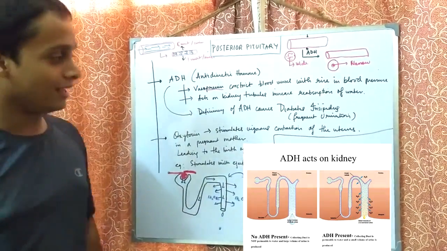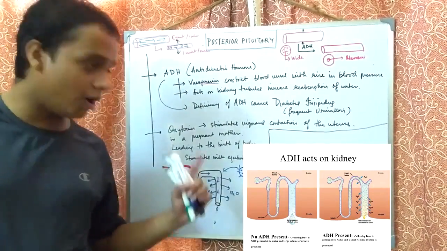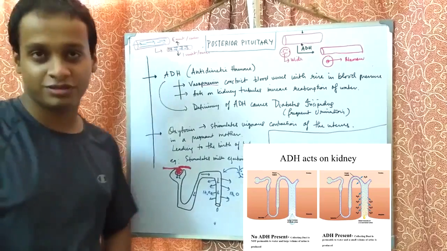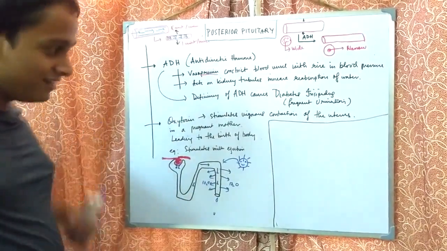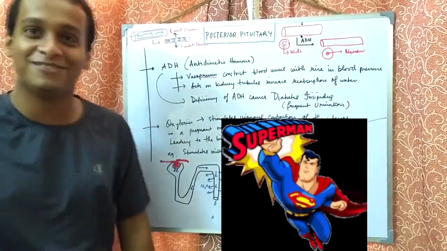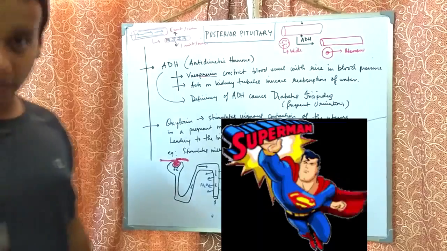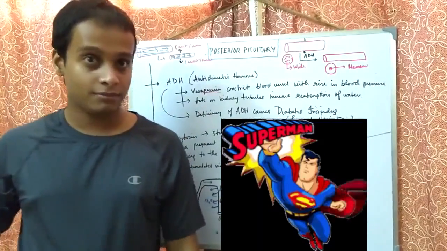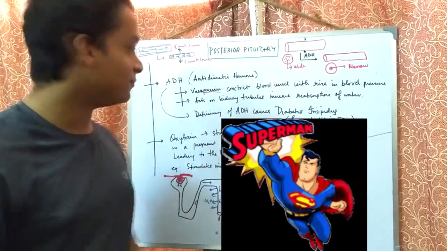See here. You can also see how the water is being absorbed from the kidney tubules, and it is being done by Superman. For your body it's a Superman. Why?